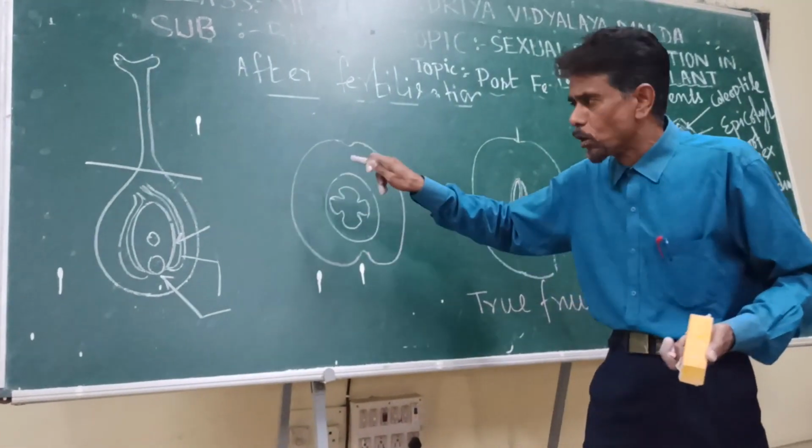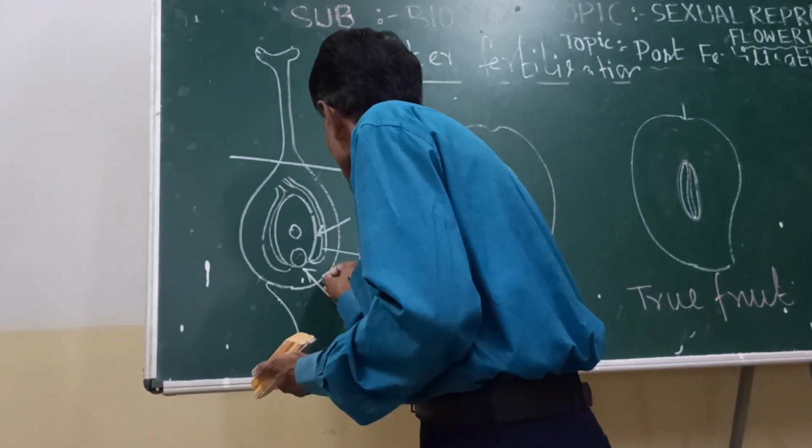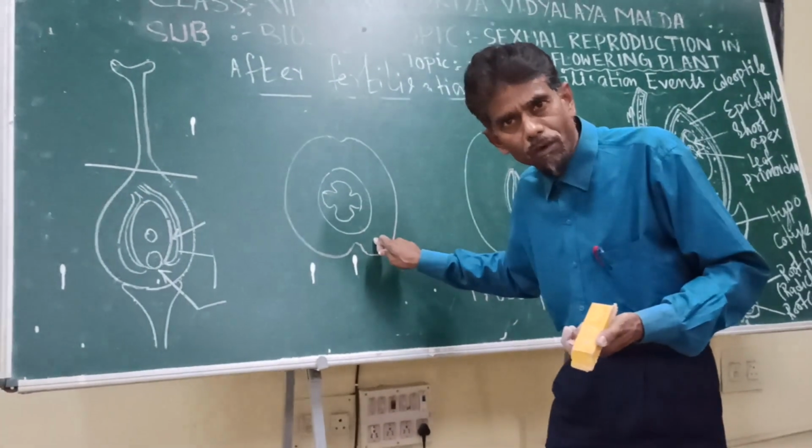Wherein apart from the ovary, the thalamus part is also taking part in the fruit formation.